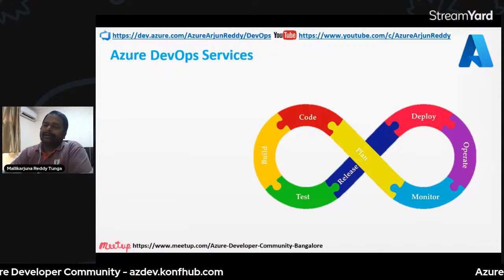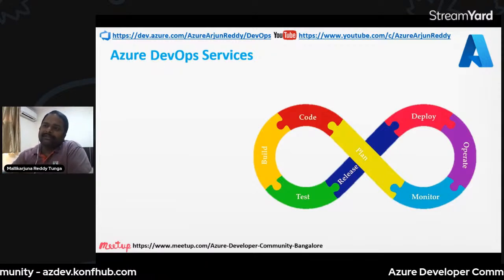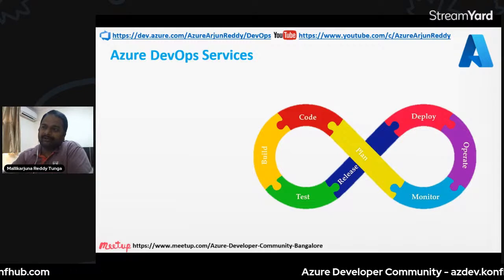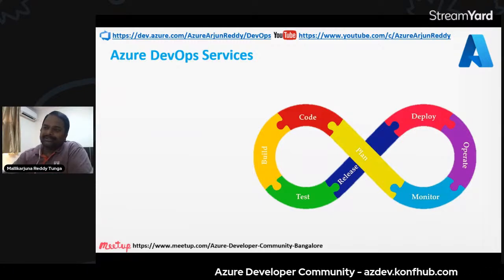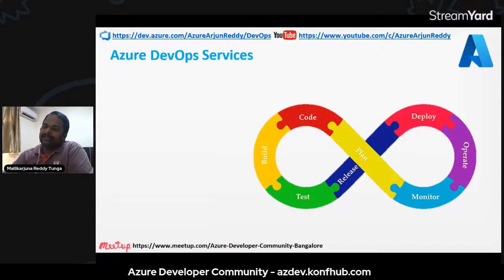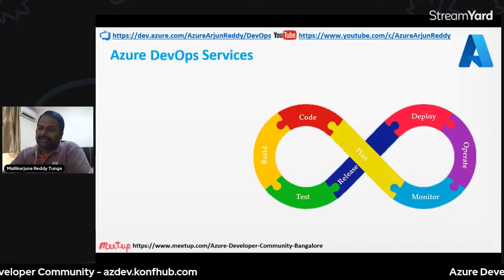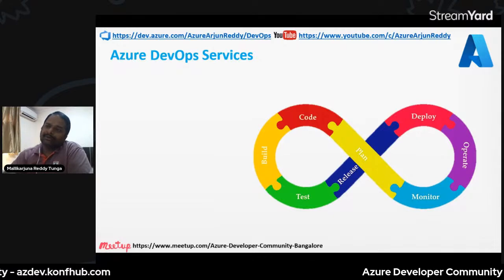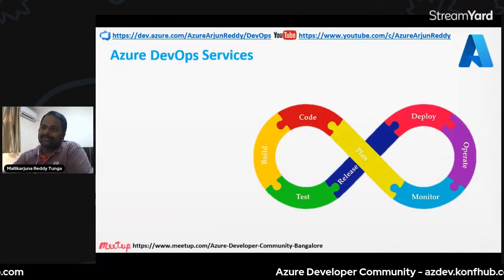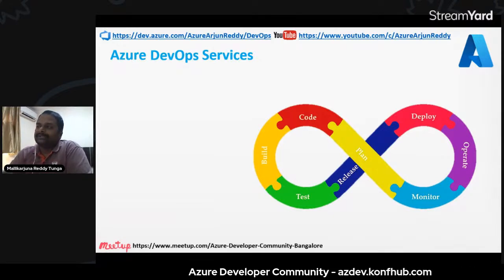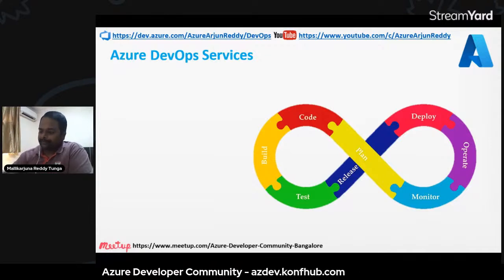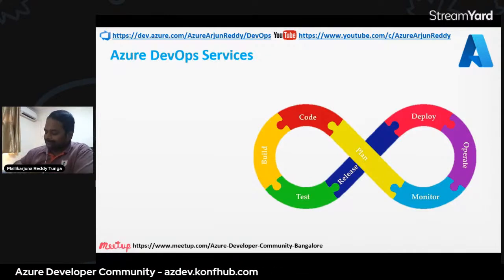Azure will have two kinds of offerings, Azure DevOps Services and Azure DevOps Server, where Azure DevOps Services is a cloud offering, which is a SaaS offering by Microsoft. And then you have Azure DevOps Server. In case you want to have a hosted Azure DevOps Server, you can host it on your on-premises data centers. So today we'll see what Azure DevOps Services is here.